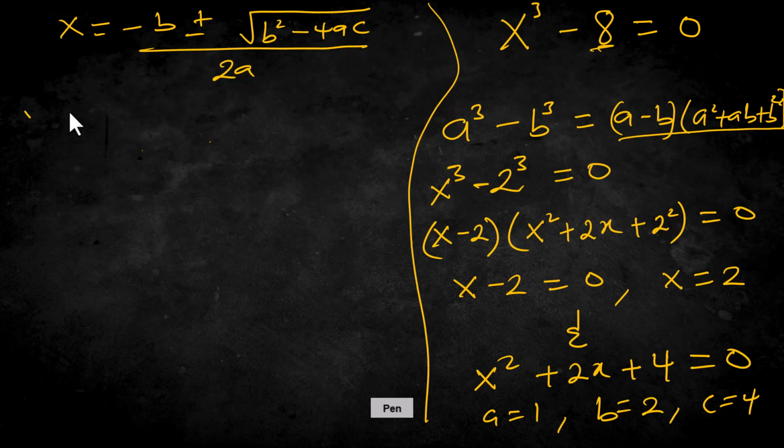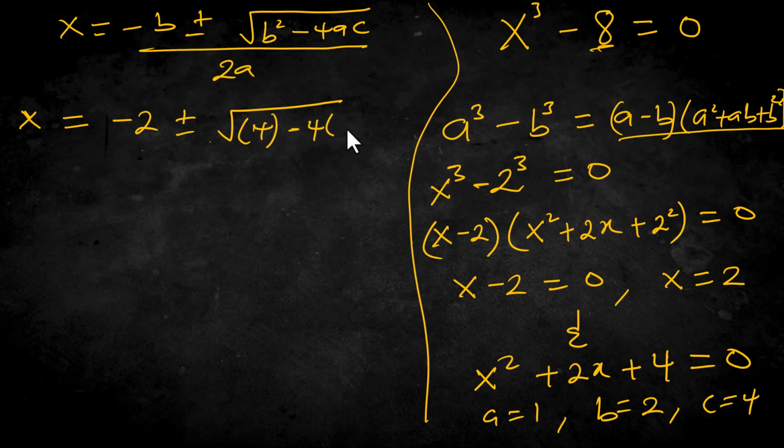So we have x equals minus 2 plus or minus the square root of b squared, 2 squared, minus 4 times 1 times 4, over 2 times 1.